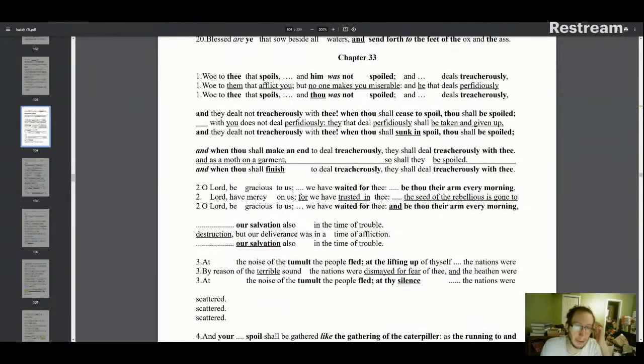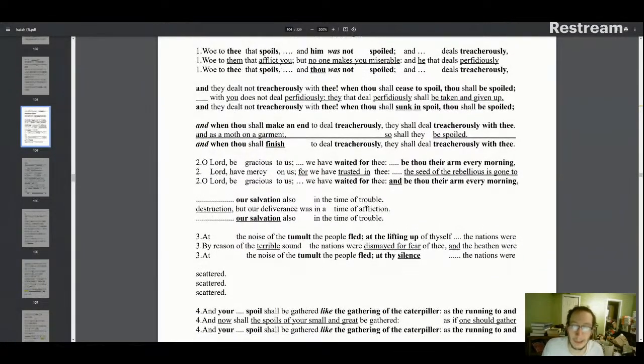We have here in the Septuagint, it mentions a moth, whereas in the Hebrew text, there's no mention of a moth. So the question is, how did the Septuagint get the idea of a moth? Well, probably what happened is that in Hebrew, animals have names that are actually words that can mean something else, depending on context.